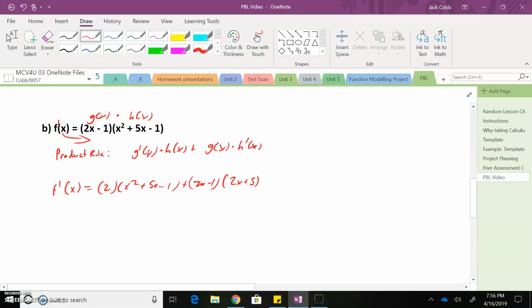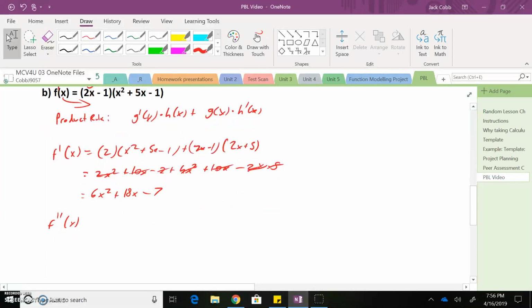Simplifying that down, we get 2x squared plus 10x minus 2 plus 4x squared plus 10x minus 2x minus 5. Crossing out terms, that simplifies to 6x squared plus 18x minus 7. There we go. And then we simply find the second derivative.